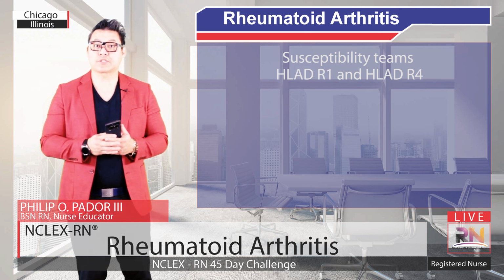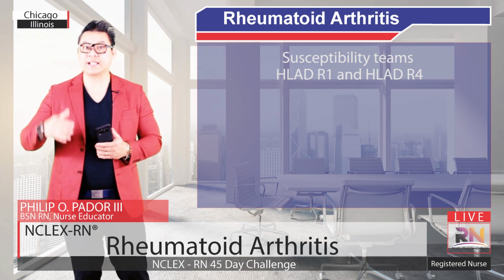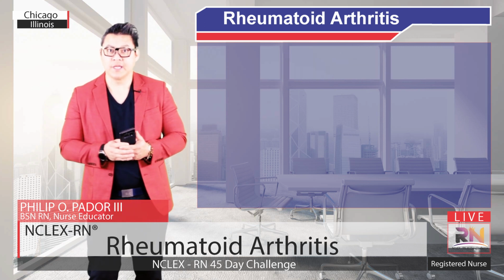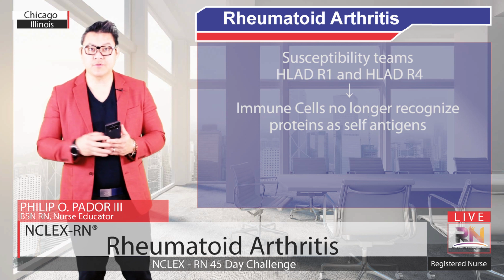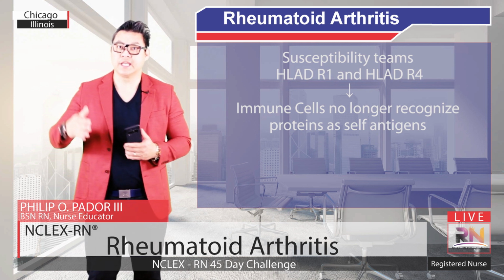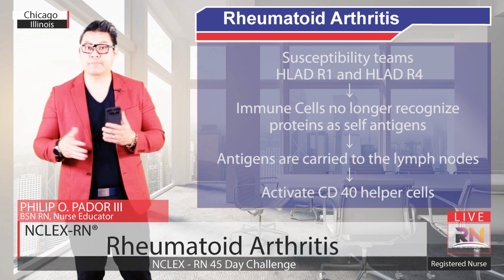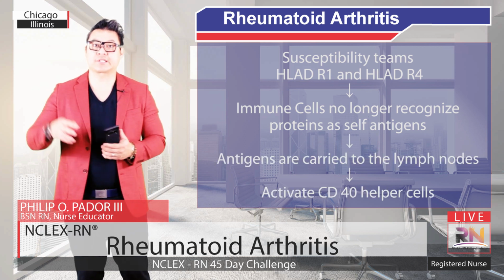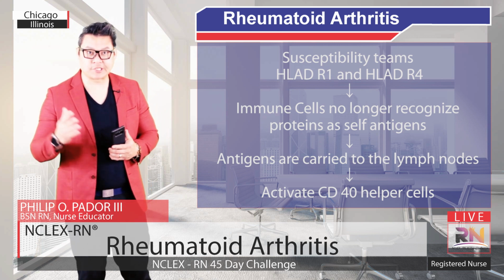Meanwhile, due to the susceptibility genes HLA-DR1 and HLA-DR4, immune cells are sometimes not clever enough, so they get confused by these changes and no longer recognize these proteins as self-antigens. The antigens get picked up by antigen-presenting cells and get carried to the lymph nodes to activate CD4 T helper cells.